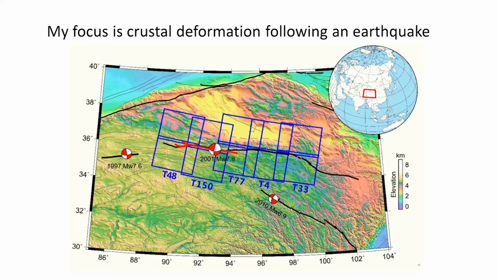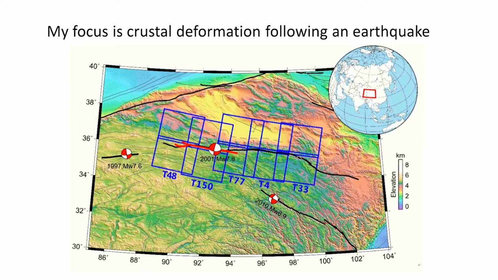So basically, if you want to observe the post-seismic deformation following this earthquake, you need a very big data set. I use almost six frames to cover the whole seismic area.